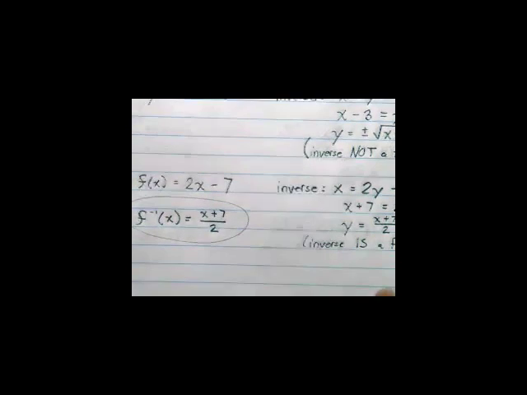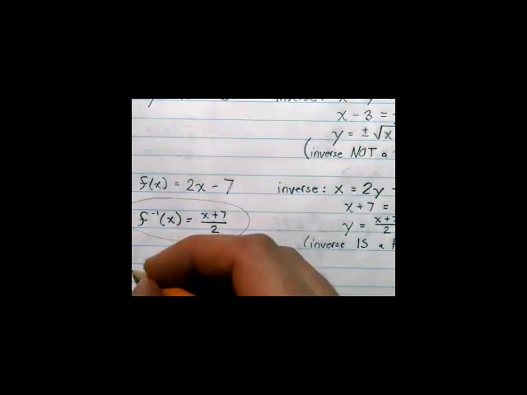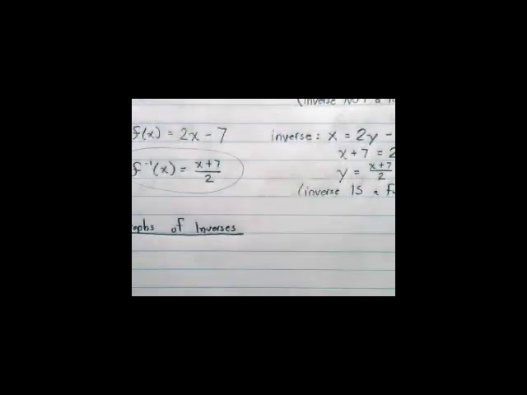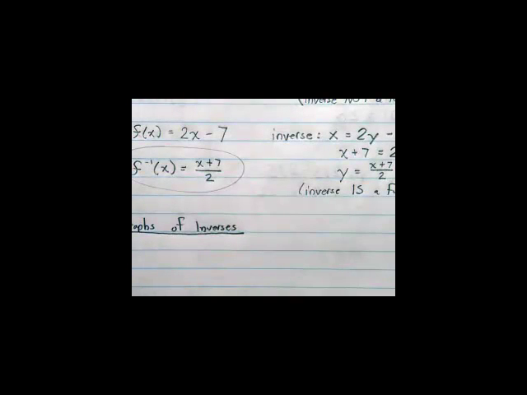So some other stuff we're going to look at is how do the graphs relate to each other? How do we verify that we've got inverses? Stuff like that, okay? So let's go to this graphing thing. All right, so there's a relationship between a function and its inverse if you were to graph the two on the same coordinate plane together.